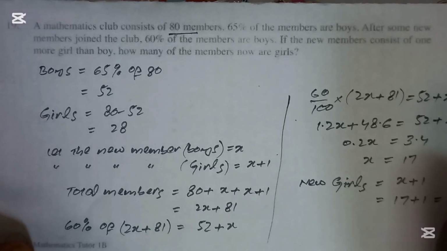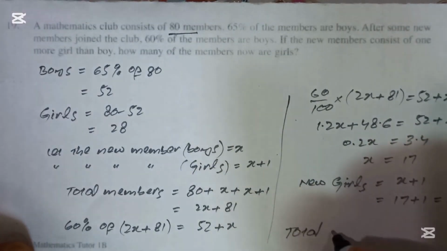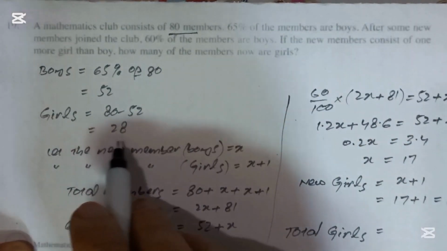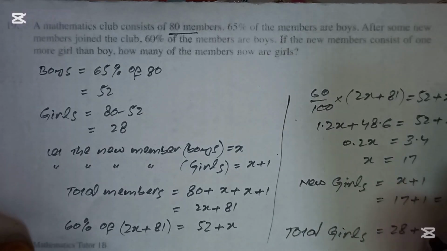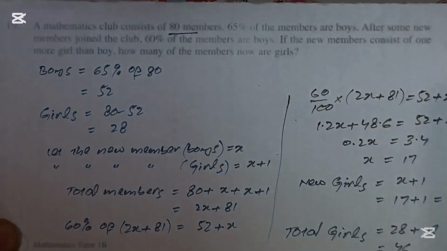So these are the new girls. So total girls, that is the last step of the question: the old number of girls is 28, and these are the new girls. After solving this, you will get 46. So this is the total number of girls now.